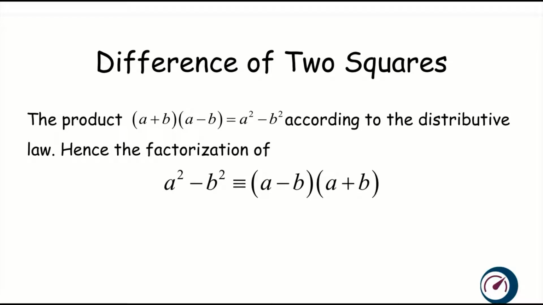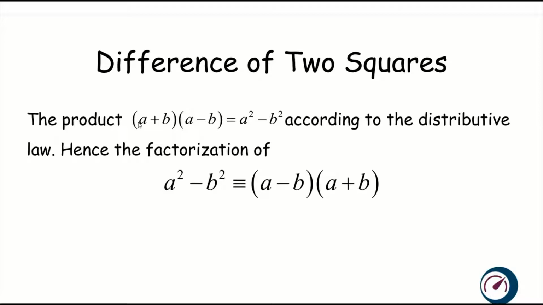Now, the difference of two squares is when we have the product of a plus b times a minus b, and our result is equal to a squared minus b squared when we apply the distributive law.